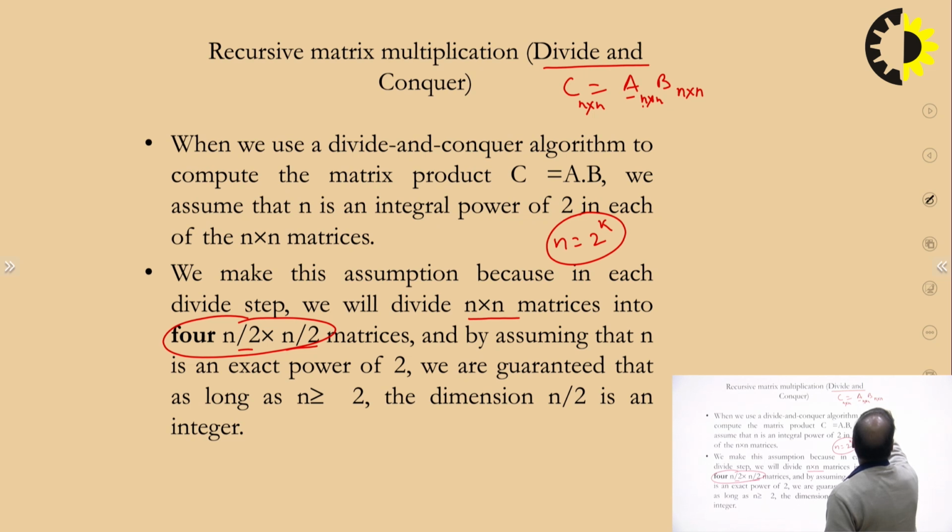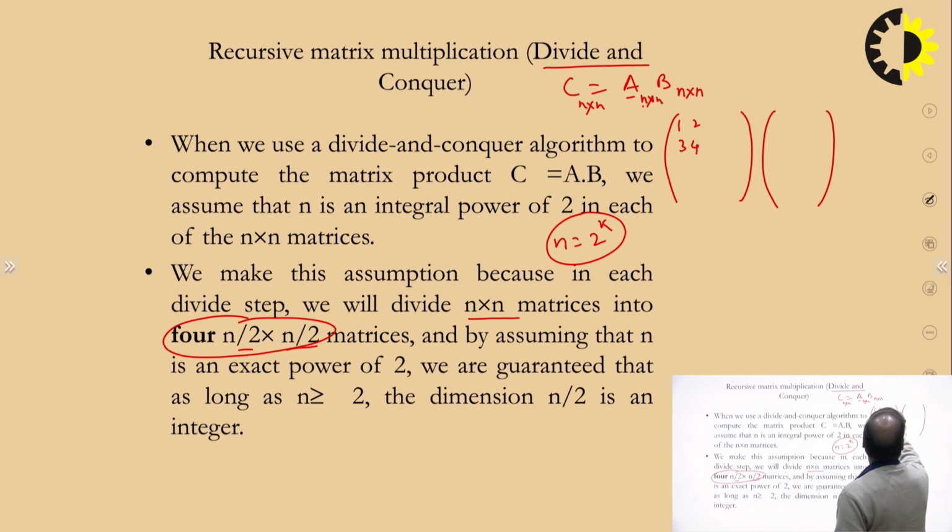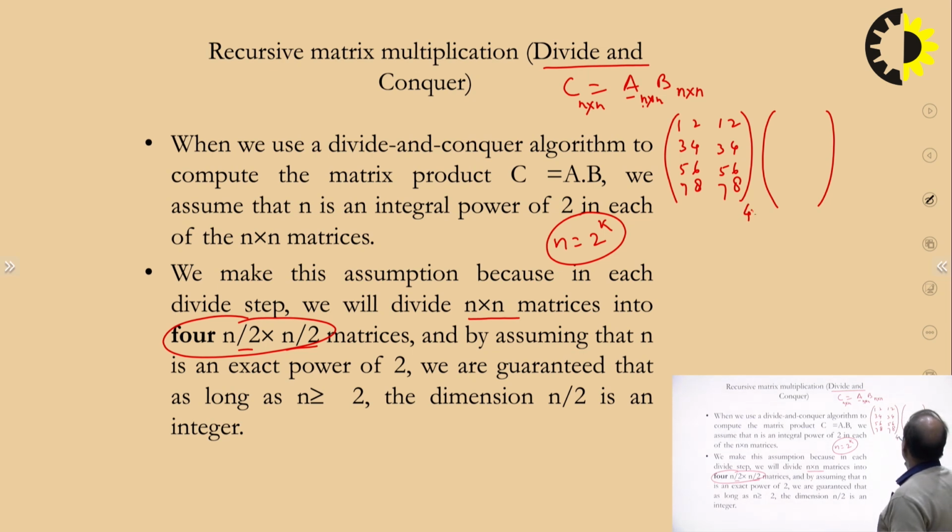Suppose we are taking this matrix, 1 2 3 4, 1 2 3 4, and then 5 6 7 8, 5 6 7 8. So this is my one matrix of 4 by 4, clear.